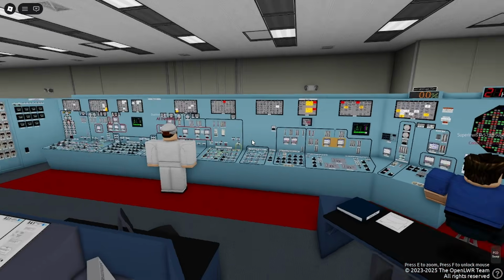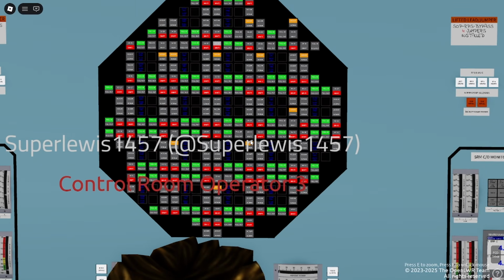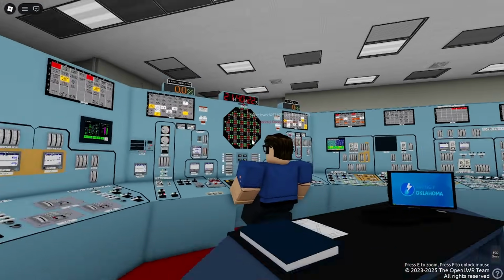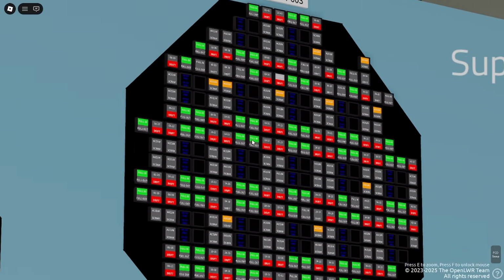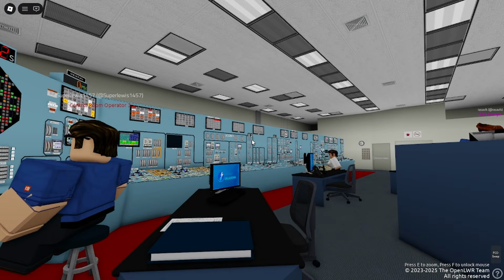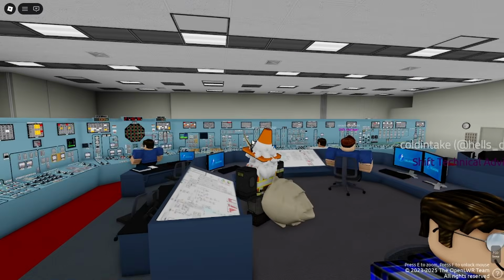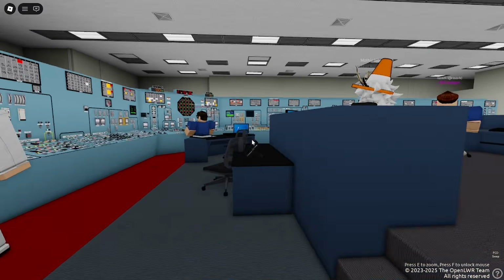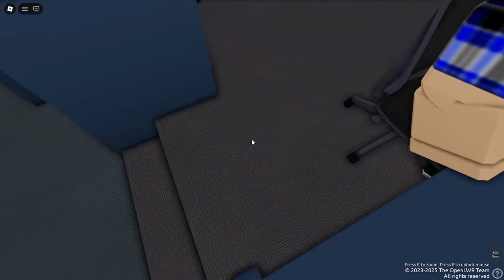CRS, listening. The reactor is shut down. All control rods, current control rod pattern assures reactor shutdown. Understand we have current rod pattern assures shutdown. That is correct. Alright, 03, continue inserting the rods at notch 02 and report when all rods are in. Continue inserting rods at notch 02. Report once all rods are in.